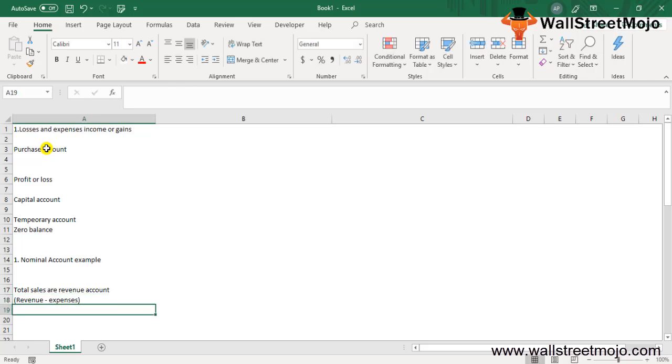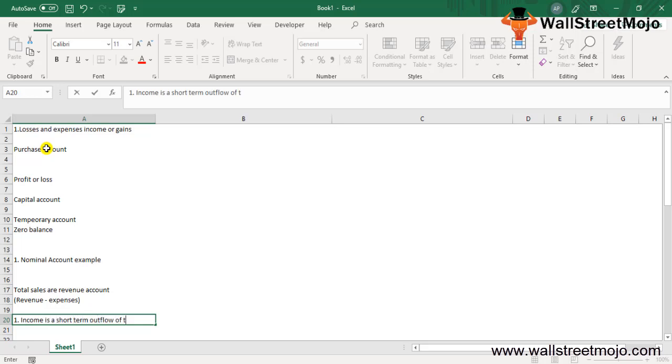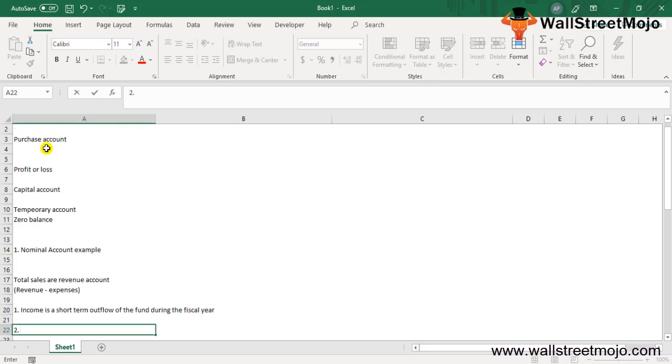So based on the periodicity of the flow of funds, the accounts are divided into the following. First, an income is a short-term inflow of funds during the fiscal year. Second, an expense is a short-term outflow of funds during the fiscal year.